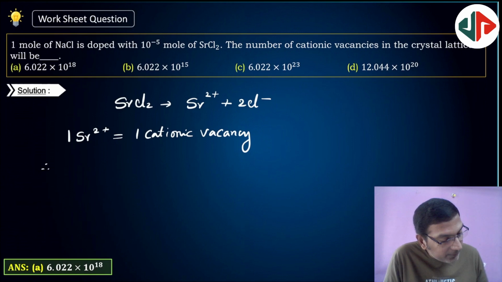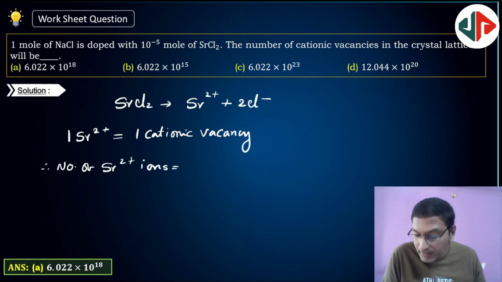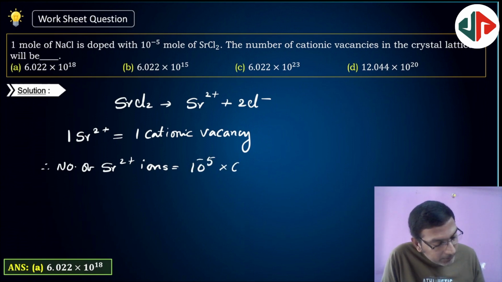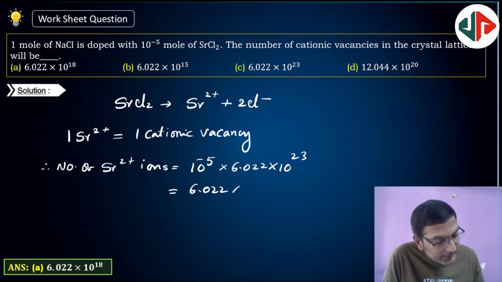So therefore, number of Sr2+ ions equal to 10 power minus 5 moles into 6.022 into 10 power 23. Therefore, that is equal to 6.022 into 10 power 18 ions.